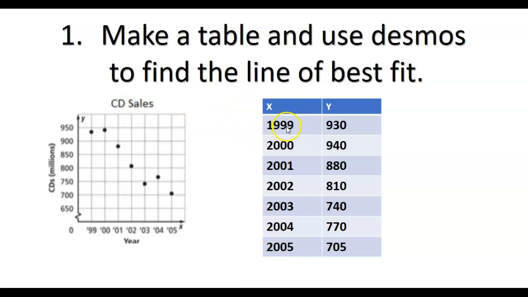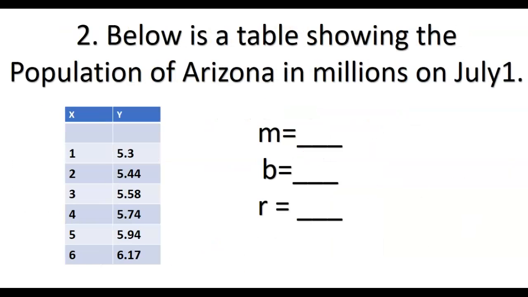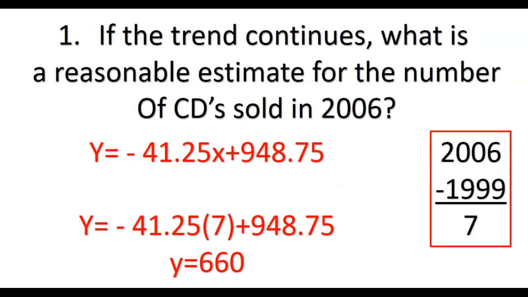That's my first data point, and so that's where I got the 999. So, from my first data point to my prediction, that would be 7 years.